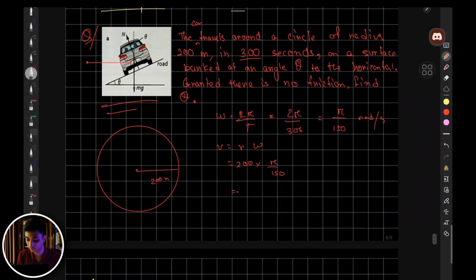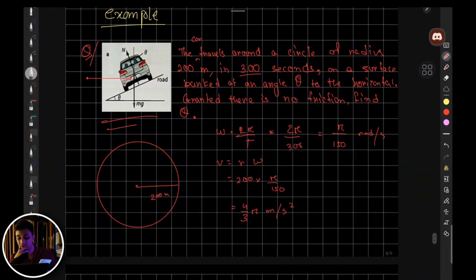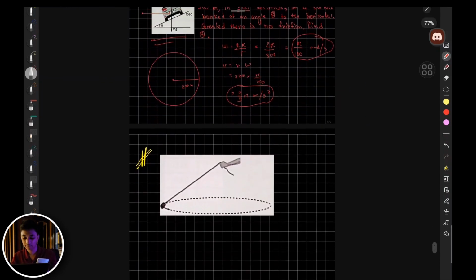So that gives you 4 by 3 pi, which is meters per second. So this is the tangential velocity. You know omega and you know the tangential velocity. Now what do you need to figure out? On a surface banked at an angle theta to the horizontal. Oh, fair enough. So let's move this example.